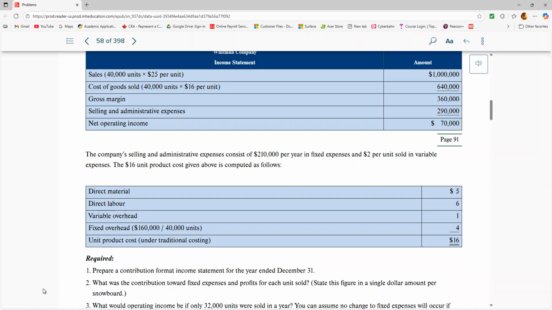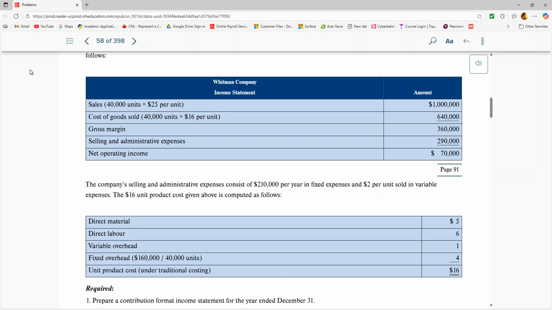So in this case, my manufacturing overhead is $5. That's variable. Direct material is variable. Direct labor is $6. That's variable. Overhead, this is variable overhead.